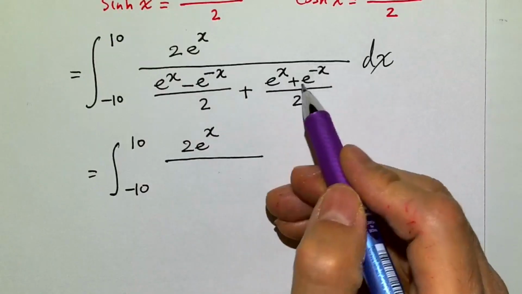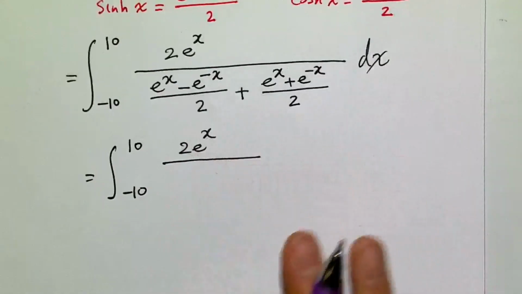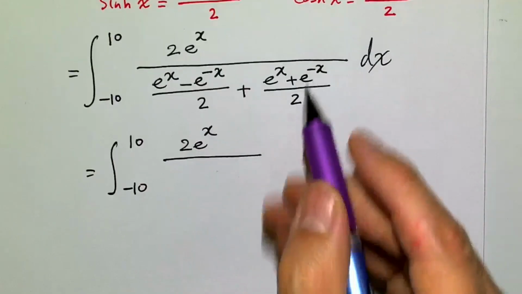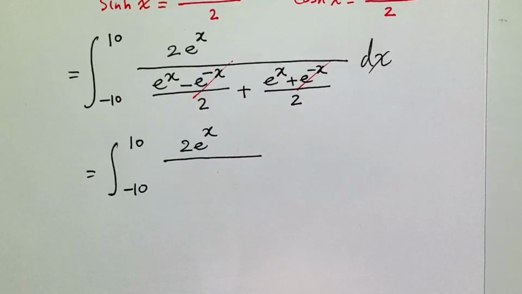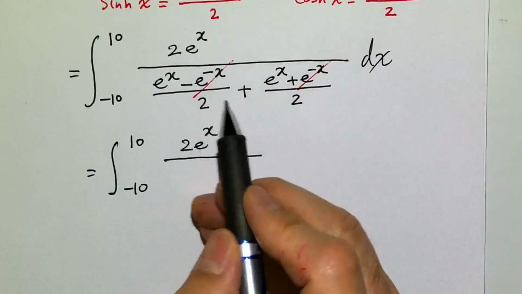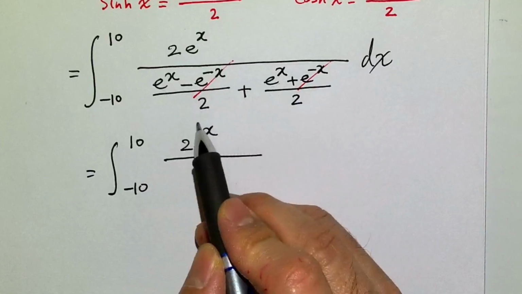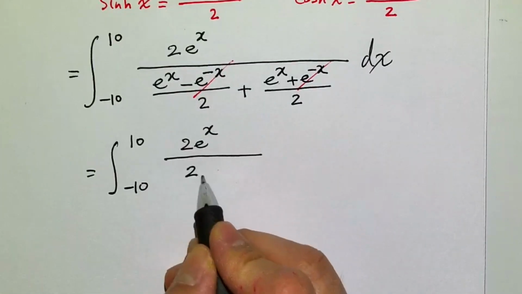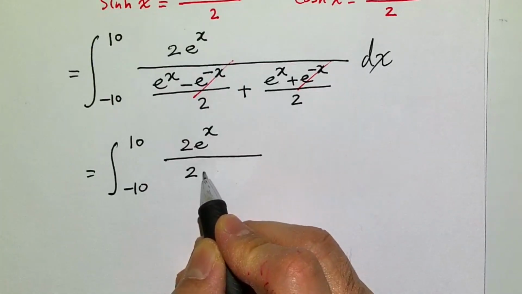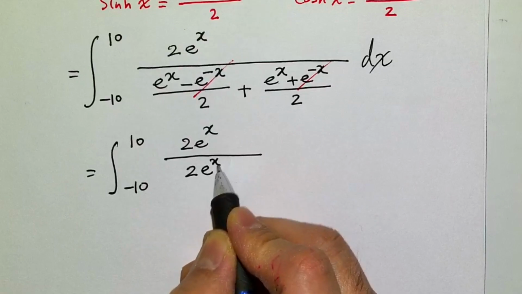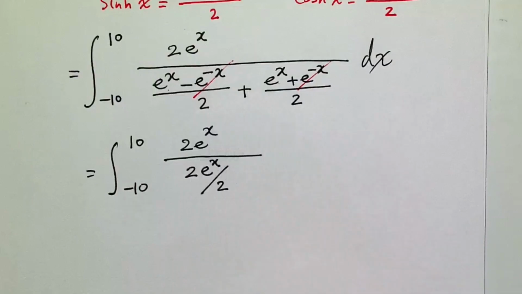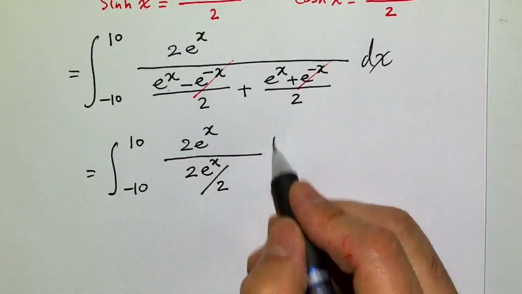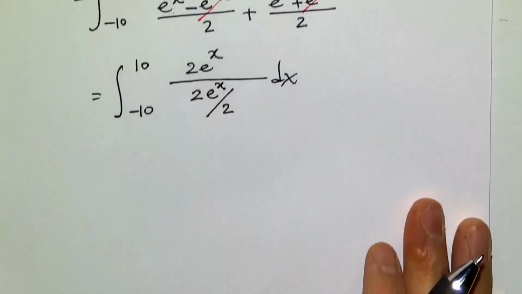This is minus e to the minus x, this is positive e to the minus x, so these two cancel out. Then we end up with e to the x plus e to the x divided by 2, right? So 2e to the x, that's this plus that, divided by the common denominator. Of course, dx, let me not forget that.